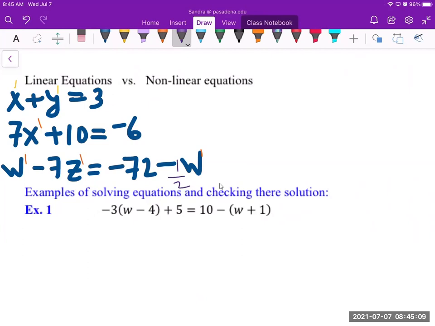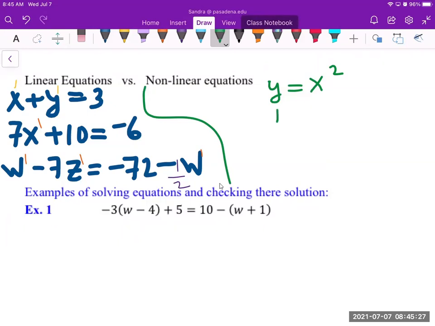Okay, nonlinear. Something that's nonlinear has something different than degree 1. For example, y is equal to x squared. The x squared has degree 2, not degree 1.